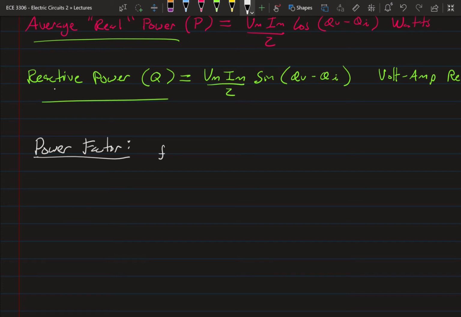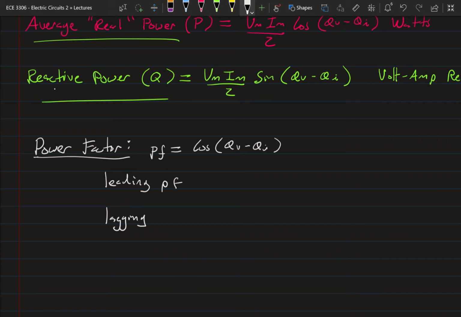We'll denote it as pf, and it's equal to just the cosine of theta v minus theta I. You'll hear people say leading power factor or lagging power factor.